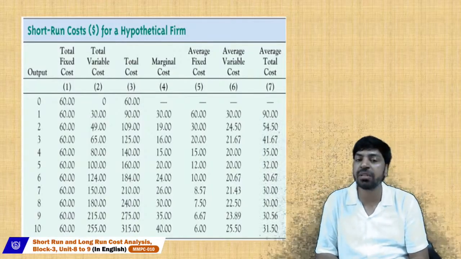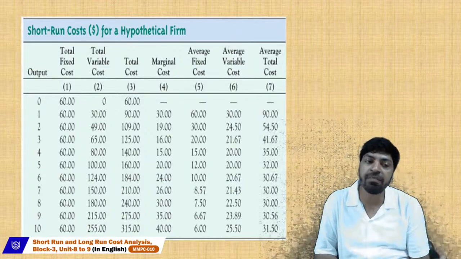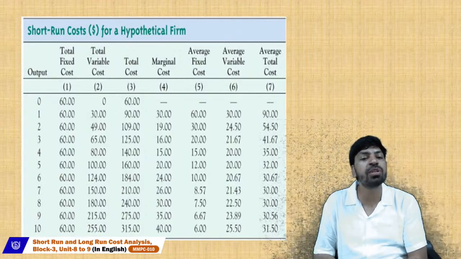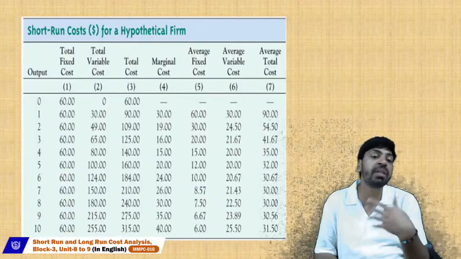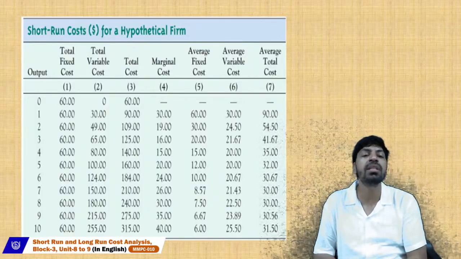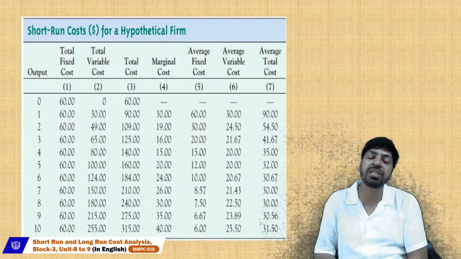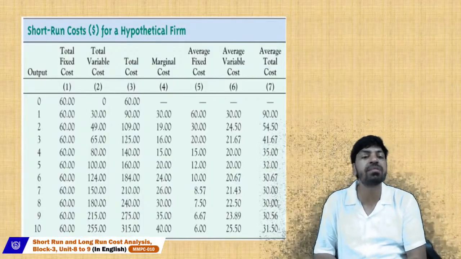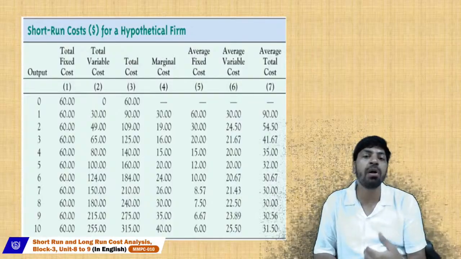That would be the marginal cost. Same at the fourth level of output, the total cost is 140 and the previous total cost is 125. So 140 minus 125 is 15, and so on.